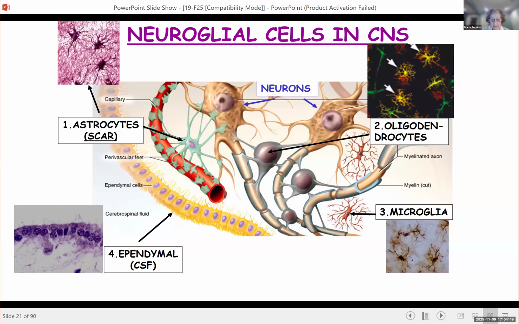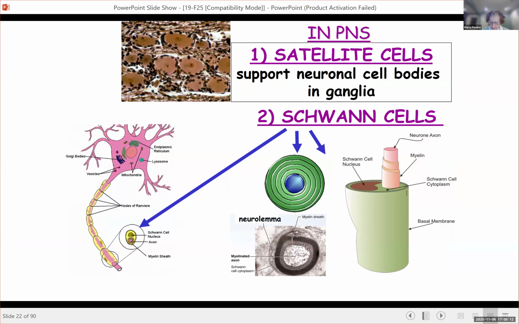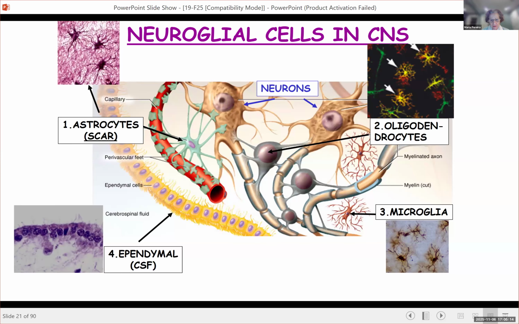Right here, these are the cells that myelinate neurons in the central nervous system. They're known as oligodendrocytes. You see that their shape is very peculiar. They have these processes, and one oligodendrocyte can form these myelin sheaths along the axon.